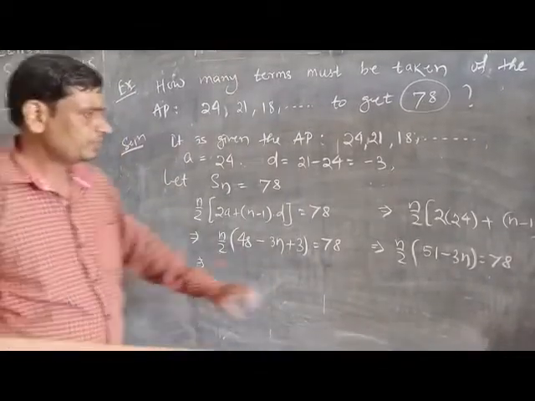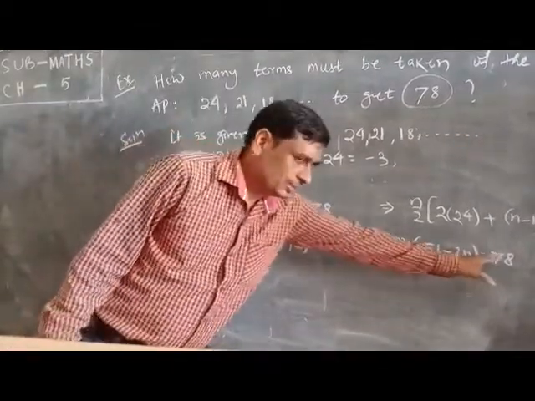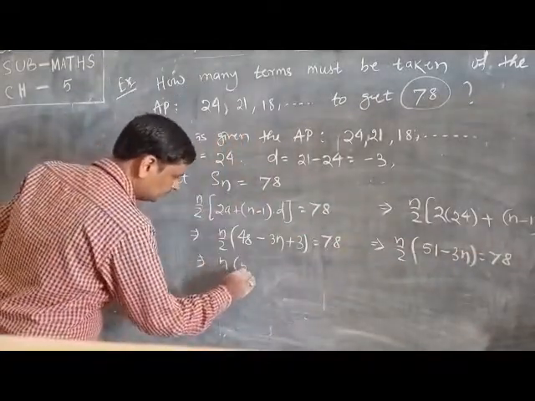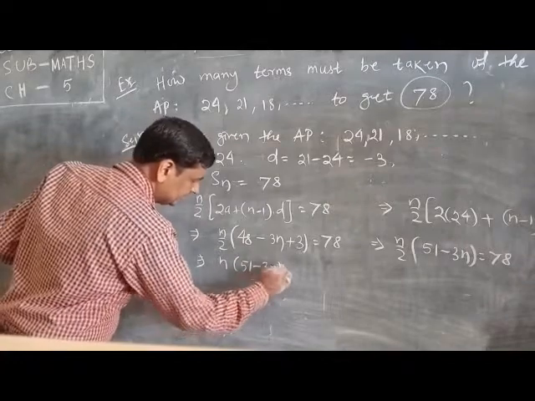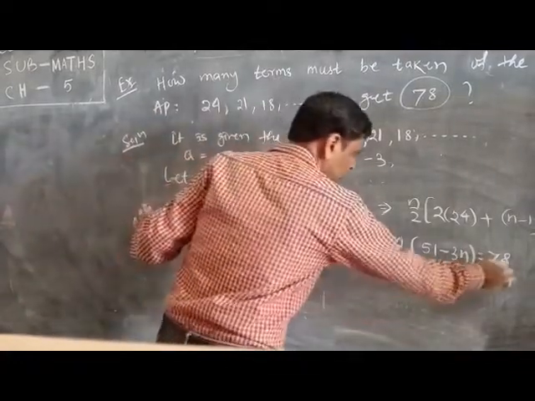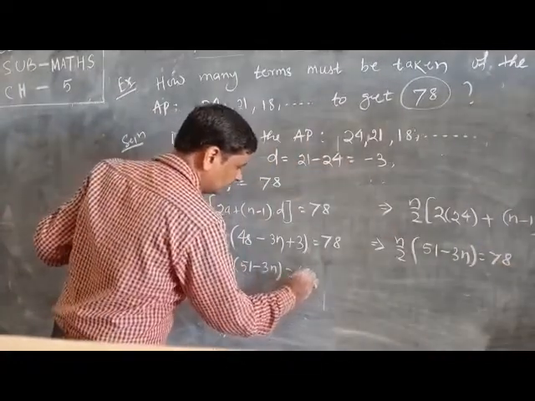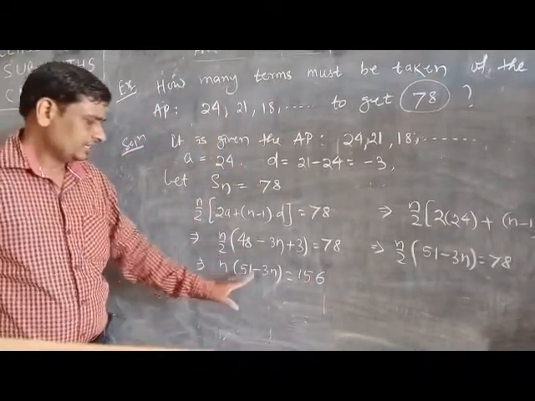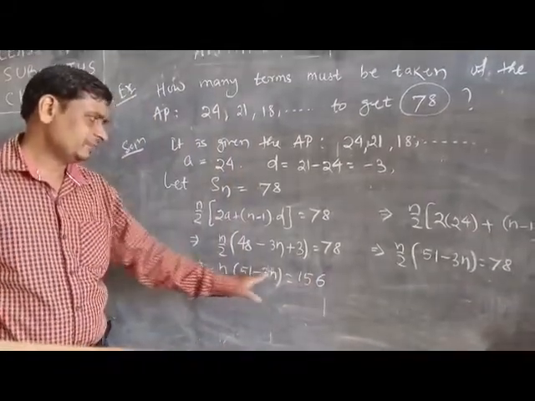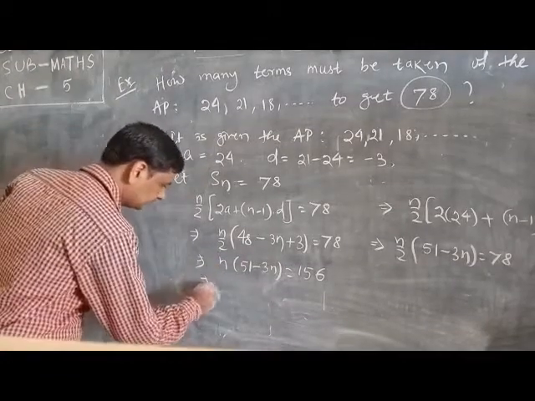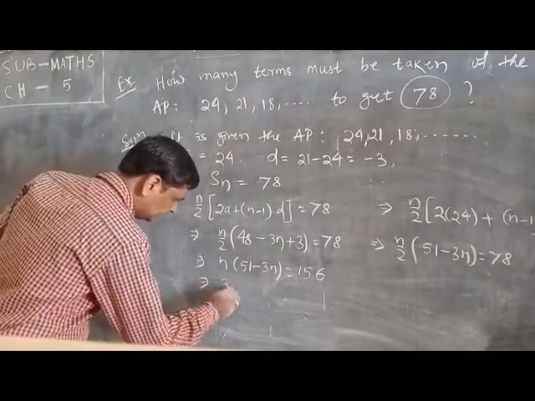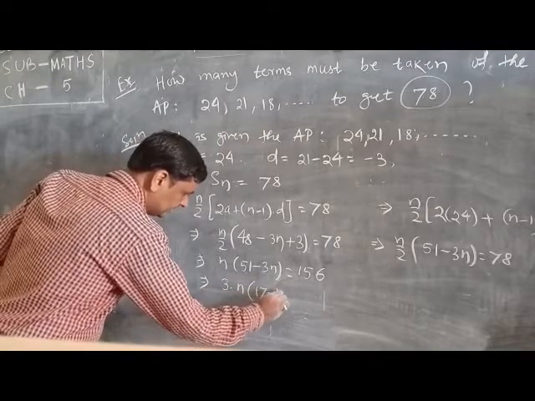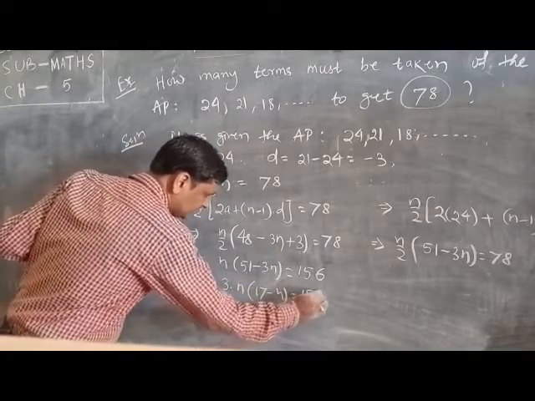Now when 2 comes towards the right, it becomes n into 51 minus 3n equal to 2 into 78, that is 156. We can take 3 as common: 3 into n into 17 minus n is 156.